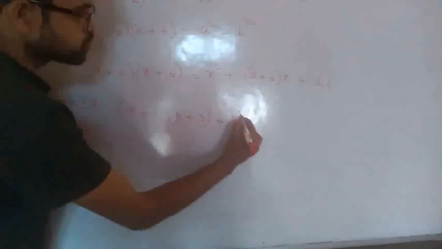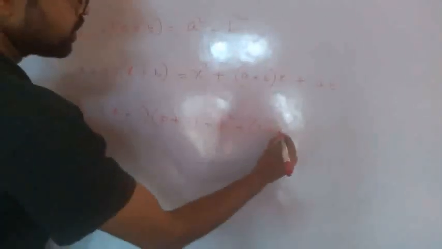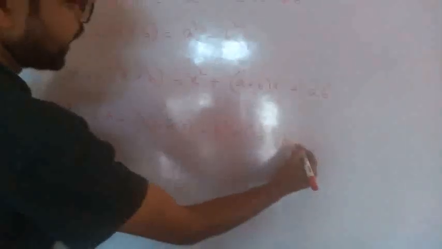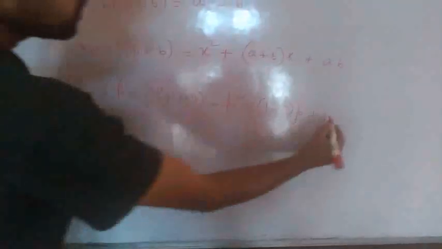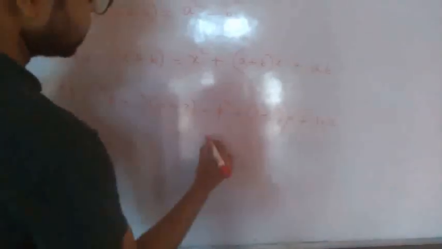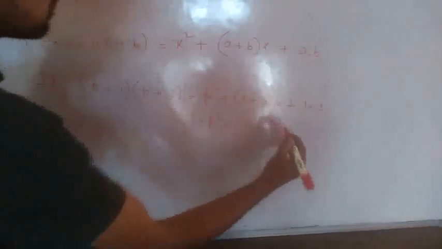So you have p, so you will get p squared. Secondly, the second term we get by taking the sum of the second terms, that is 1 plus 3, multiplied by the first term, that is p. And the third term will be the product of the second terms, that is 1 into 3. So you will get p square plus 4p plus 3.